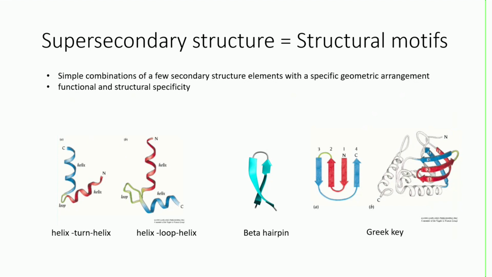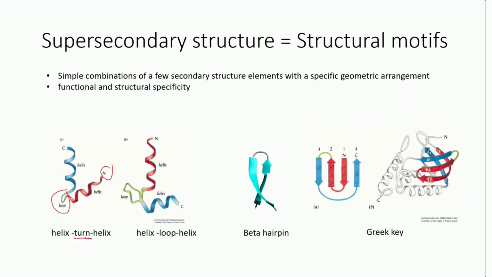For example, the helix turn helix involves one alpha helix with a short loop. This is the disordered region of the amino acid sequence, and then the chain continues with another helix to the nitrogen end.